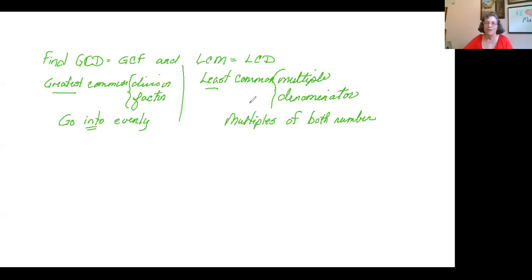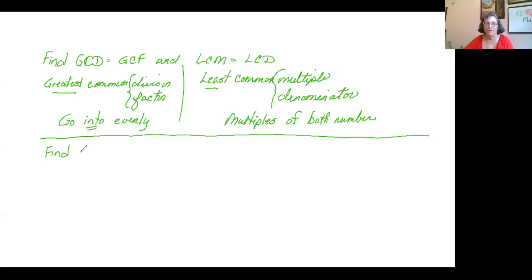You wouldn't ever say the least common factor because that's always going to be 1 for anything. And you wouldn't say the biggest common multiple because that's going to be infinity. So let's look at a couple of examples.